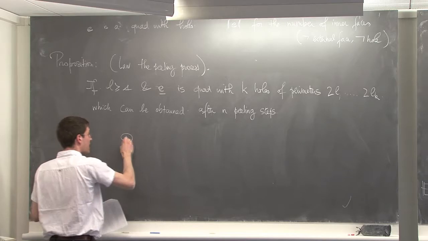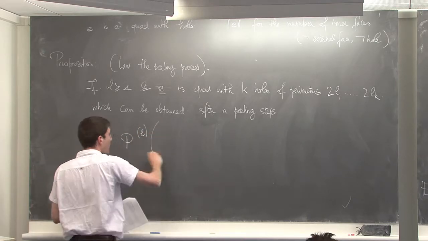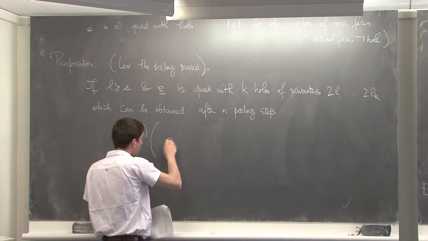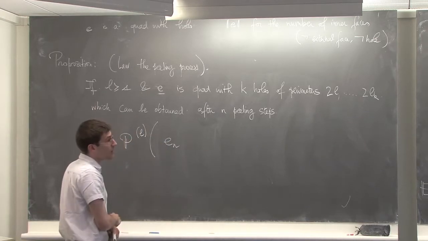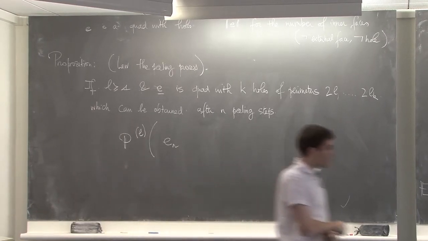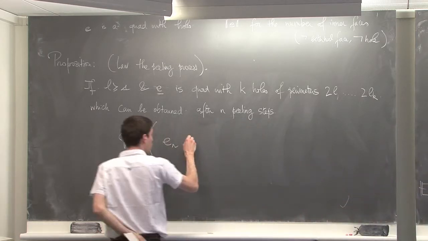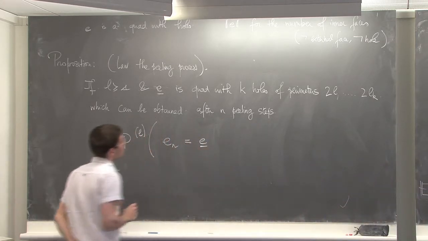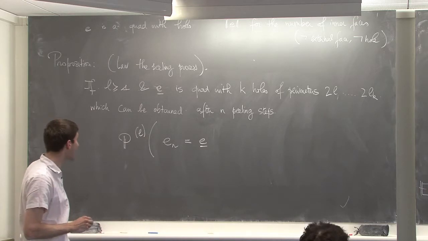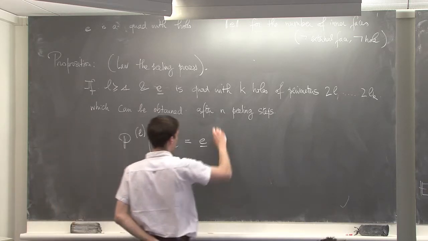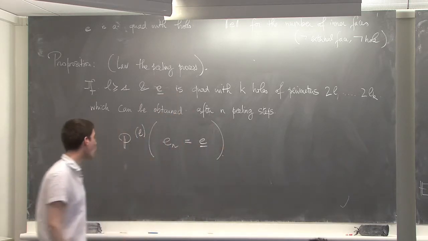Then we can compute exactly the probability that En, the pinning exploration under this probability measure, actually gives this fixed planar quadrangulation with holes.